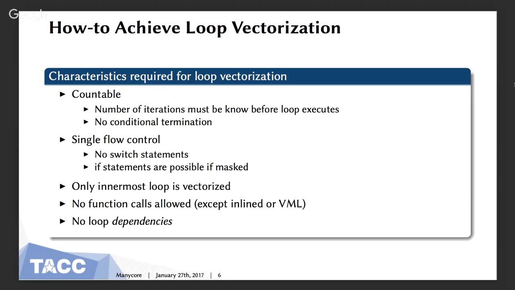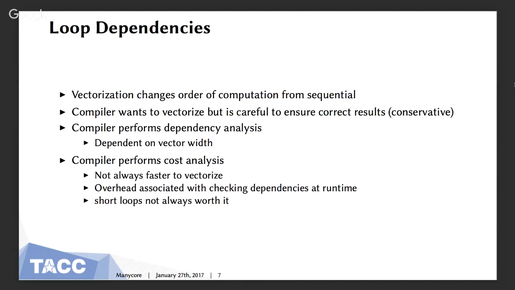And finally, no loop dependencies. What is a loop dependency? Vectorization is really changing the order of your computation from if it was happening in a sequential fashion. The compiler wants to vectorize your code if you give it the right flags, but it's extremely conservative and careful to make sure that it doesn't cause incorrect results in your code by maybe violating or not taking some of these dependencies into account.